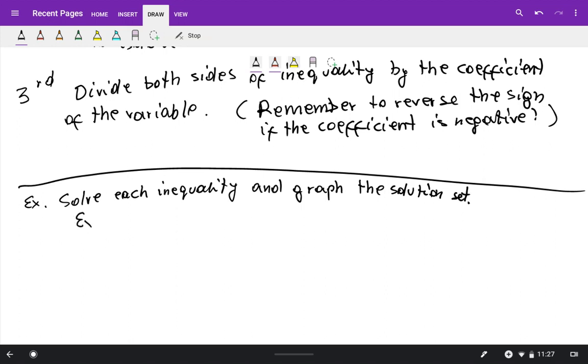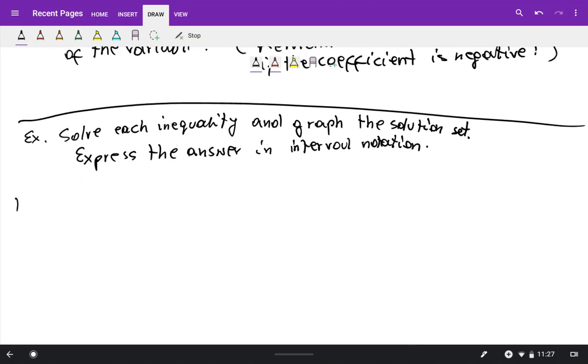Express the answer in interval notation. Okay, so let's do the first one. We have 2y minus 5 less than y minus 11.